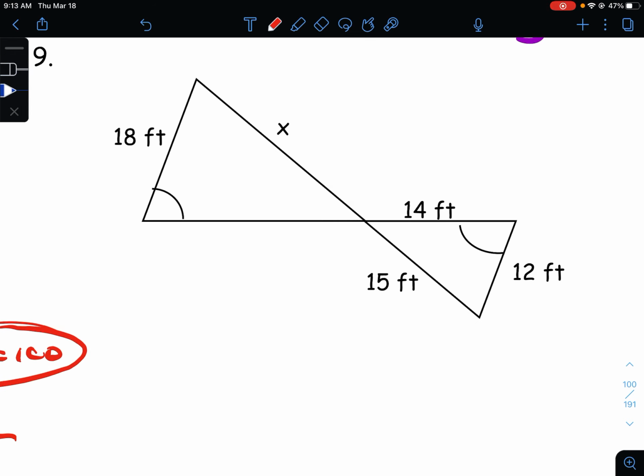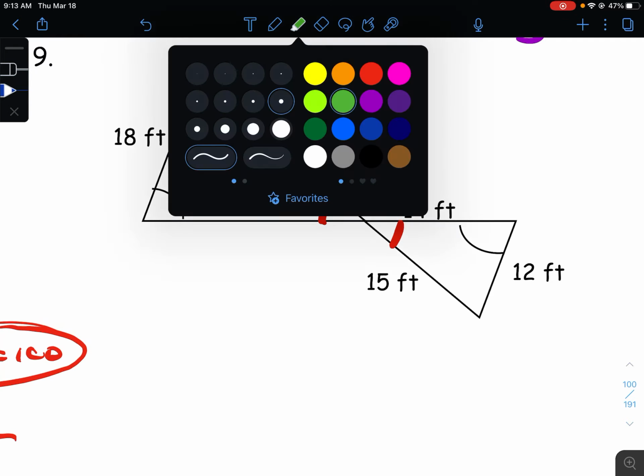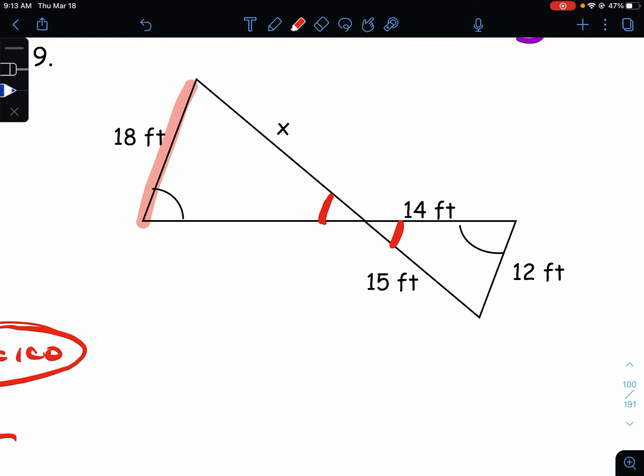All right. This one's a little bit trickier. So we've definitely got vertical angles going on here. So that means that these are congruent, so the sides opposite them would have to be the proportional ones, right? And then we know that these angles are congruent, so the sides opposite them would have to be proportional. So this is very important.